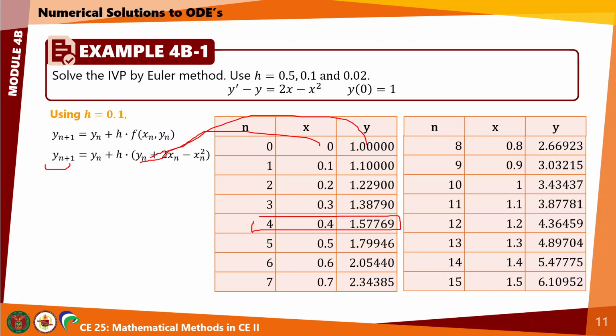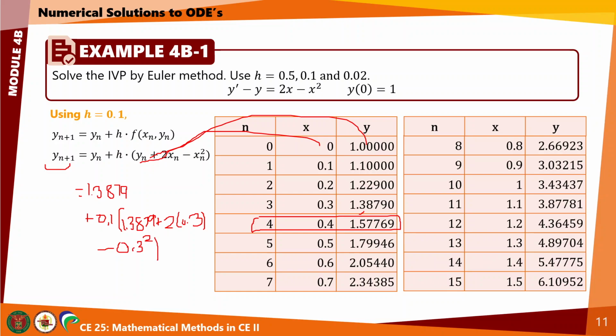Saan to nang galing? We simply substituted yung y ng previous, which is 1.3879, plus h, which is 0.1, times 1.3879 pa rin plus 2 times 0.3 minus 0.3 squared. Tama?